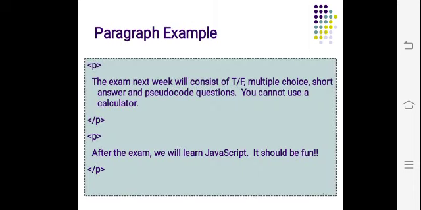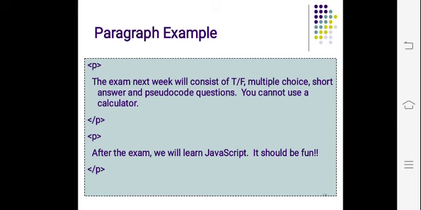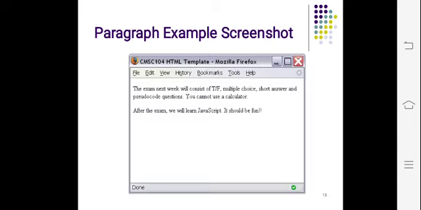Paragraph example: suppose we type this paragraph tag here, the example will look like this. I typed 3 lines of information here and closed it within the paragraph tags, and after that I also used just one line in a paragraph tag, which displays like this.